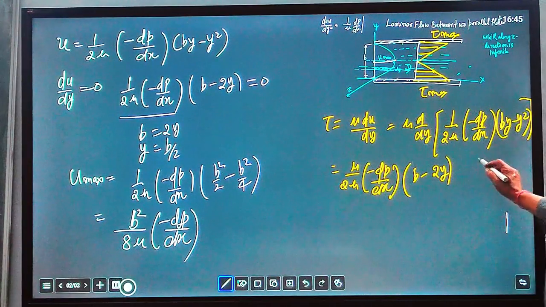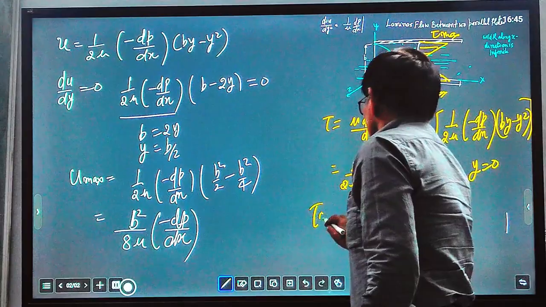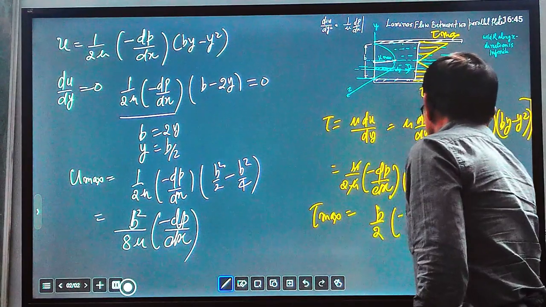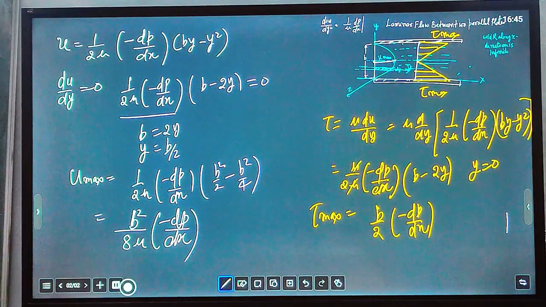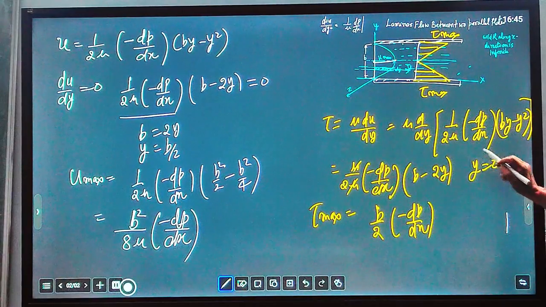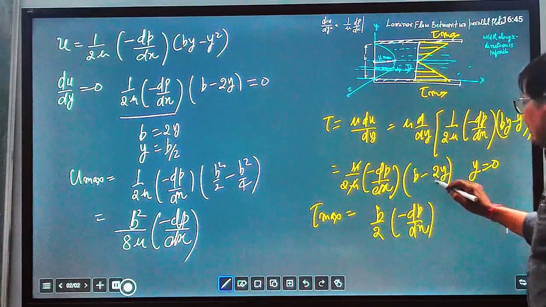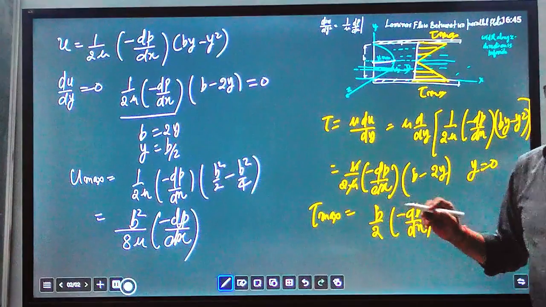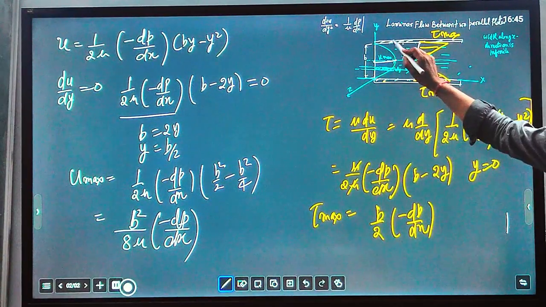When we take y equal to 0, you will get tau maximum. Tau maximum equals b upon 2 times minus dp over dx. This is the maximum value of tau because you get it at y equal to 0, and at y equal to b you also get the maximum magnitude.